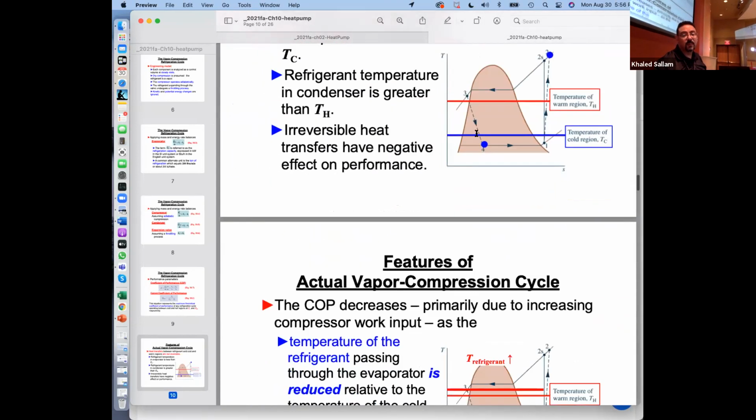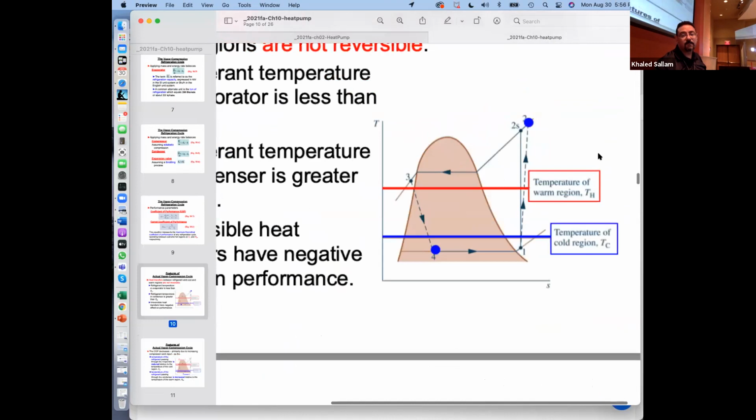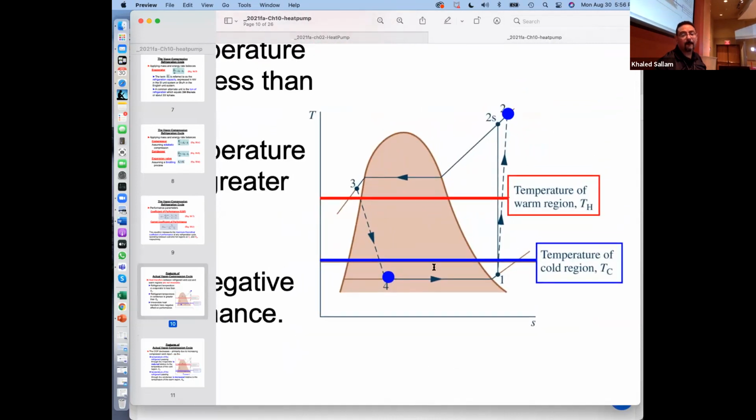Questions? Yeah. You don't have any state. So what is this T_H and T_L? That is the environment that you are moving the heat from and moving the heat to.